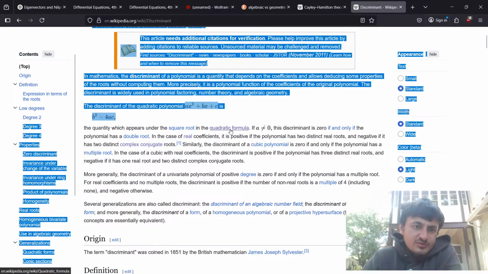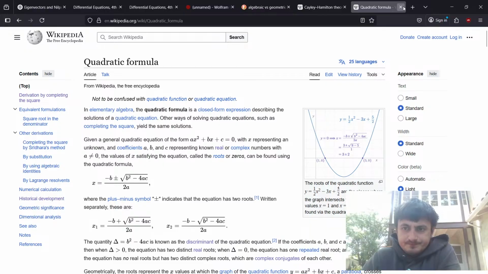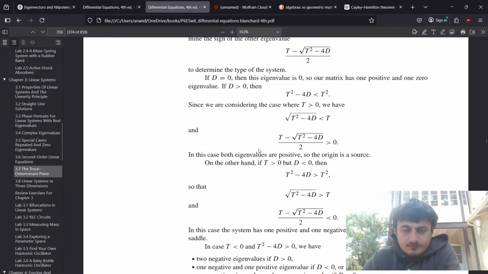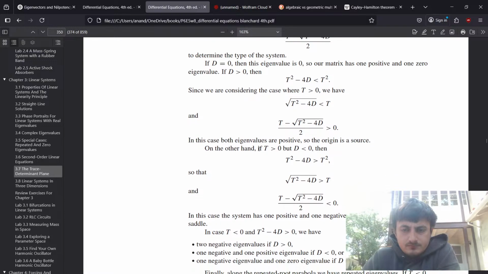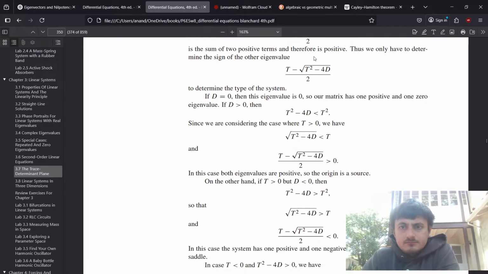The discriminant is without the square root. If d is equal to 0, then this eigenvalue is 0.